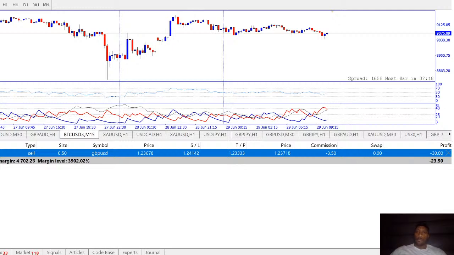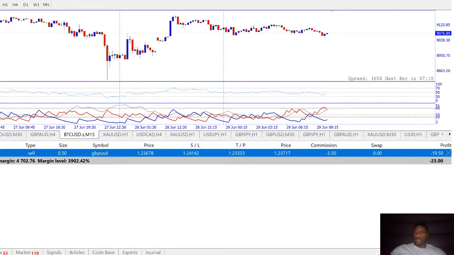So that's that. Because some people can give you signals, but their account size could be pretty big. So if they're wrong, they're barely losing a big amount.